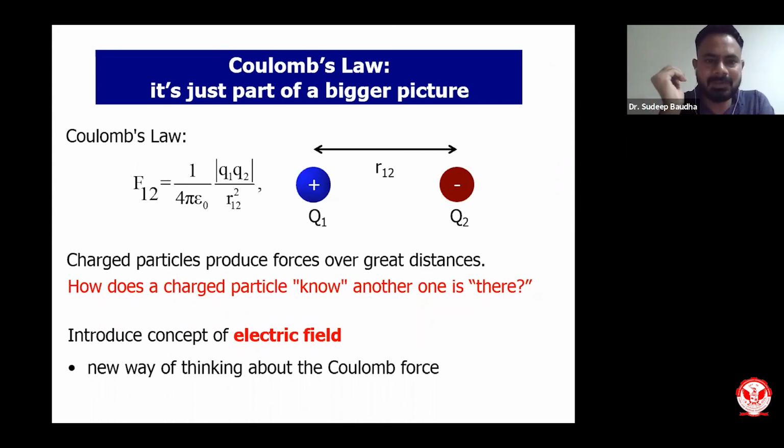When we do the calculation of Coulomb's law, we say that force F12, the force on 1 because of 2, is given by this formula. This force is nothing but the electric field exerted by charge 2 on 1, or charge 1 on 2. This gives you the definition of electric field.